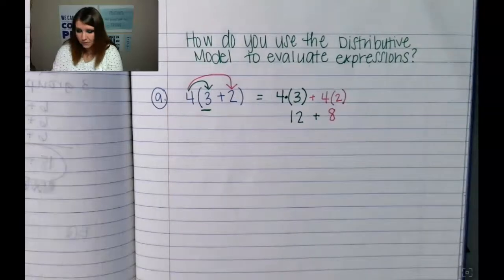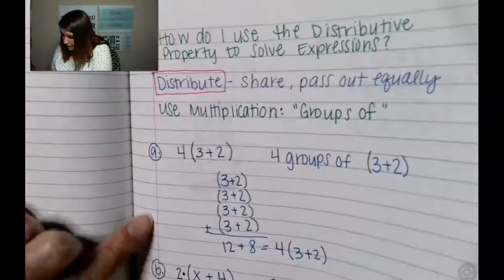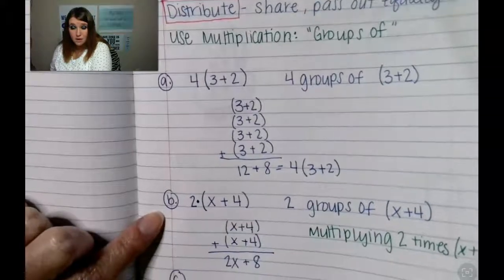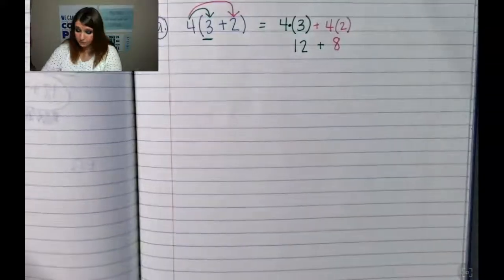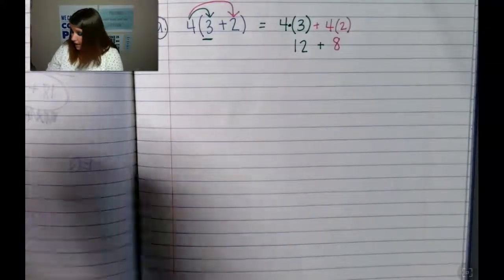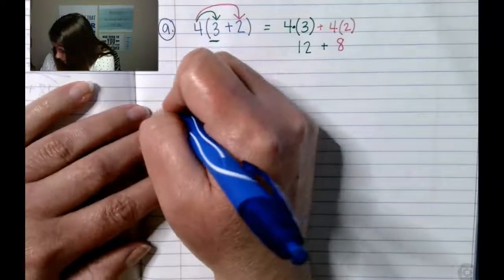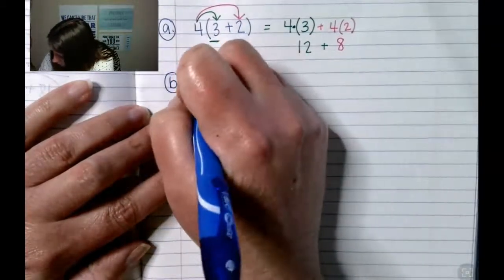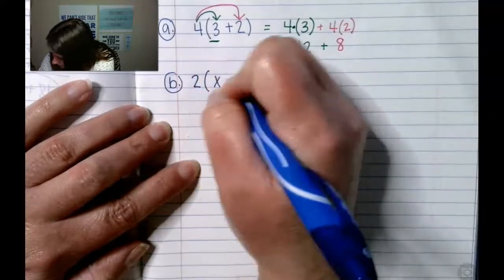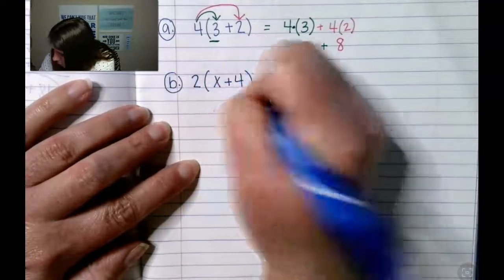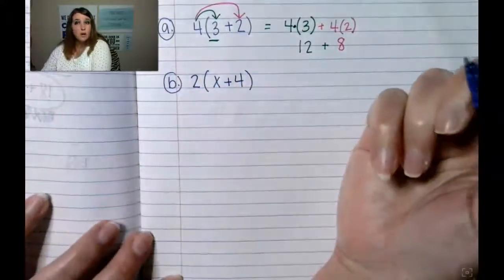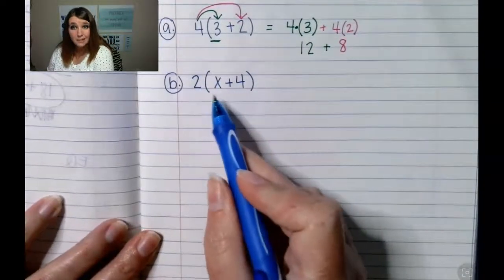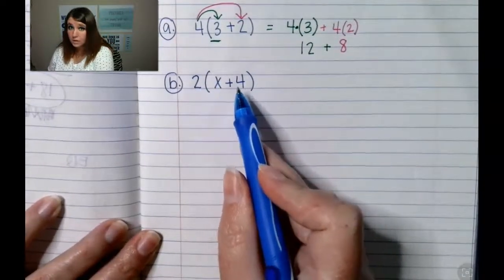Okay, let's do another one. Let's match it with B. We had 2 groups of x plus 4, so 2 times x plus 4. We know from before we cannot put x and 4 together, because x is x and 4 is 4.